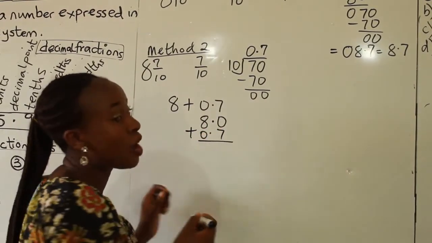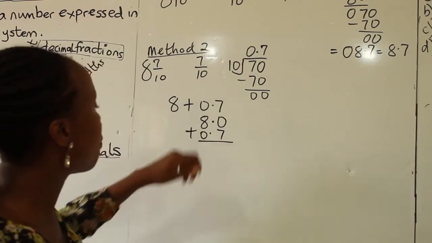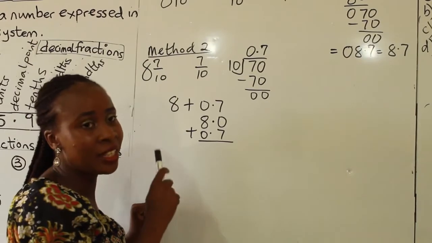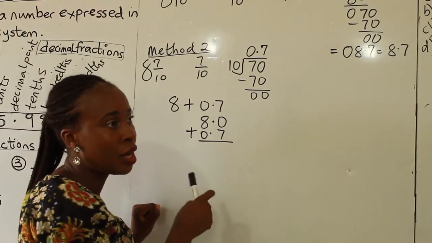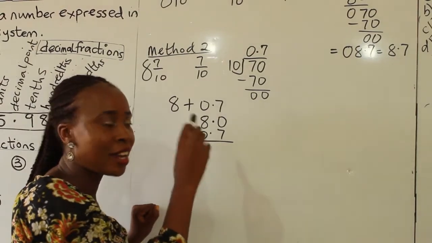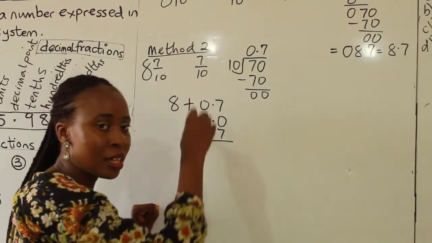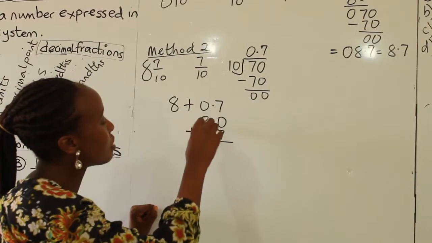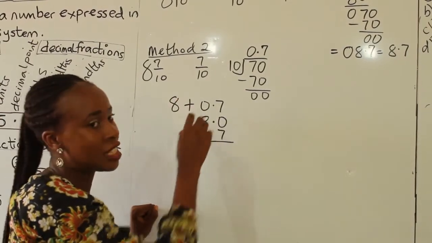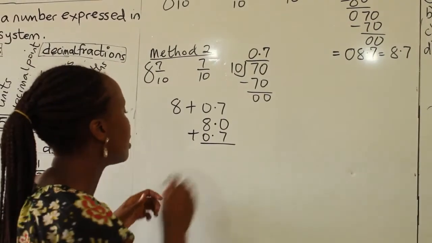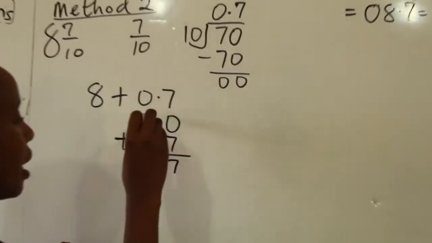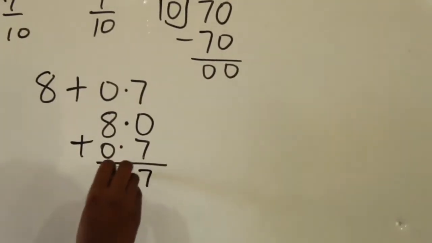Why we added decimal points to the 8 is because when you're adding decimals, the position of the decimal points for the numbers you are adding must be the same. That was why we added the decimal points. So we'll be adding now. 0 plus 7 is 7. 8 plus 0 is 8.